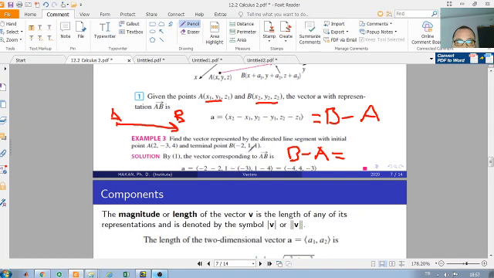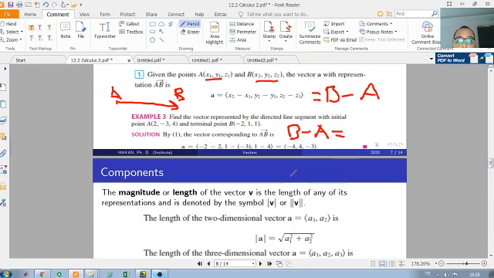The second component is 1. First we write the component of B, 1, minus 3, 1, minus 4. And after the necessary computation, the components of the vector are minus 4, 4, minus 3.